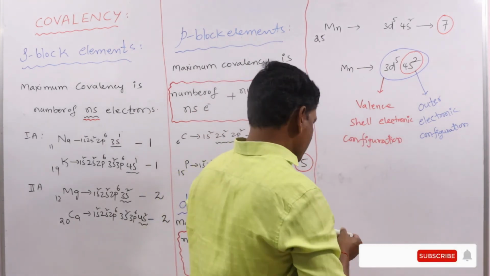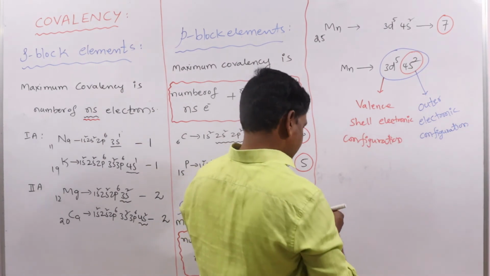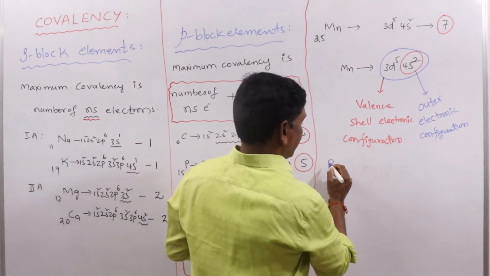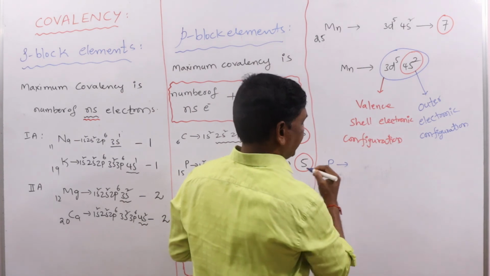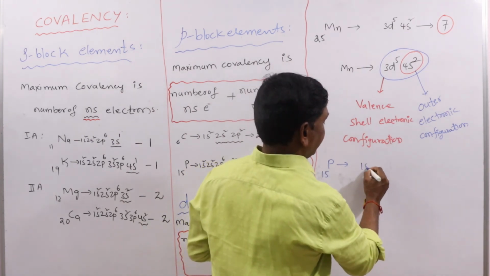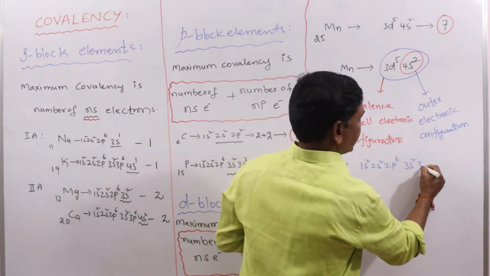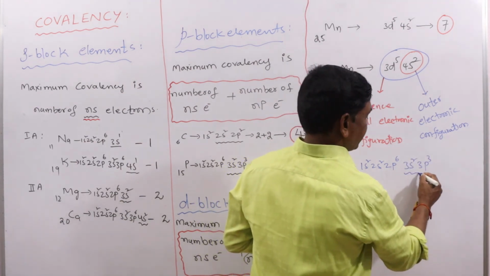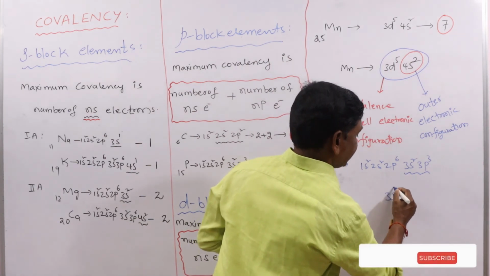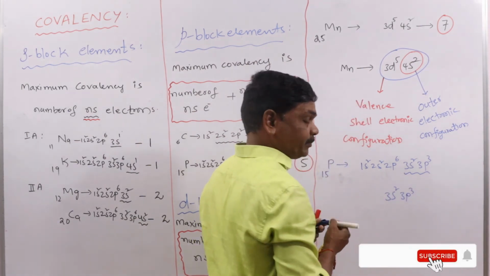For example, in another example I am taking phosphorus: atomic number 15, electronic configuration 1s2, 2s2, 2p6, 3s2, 3p3. This is the outermost electronic configuration, 3s2, 3p3.